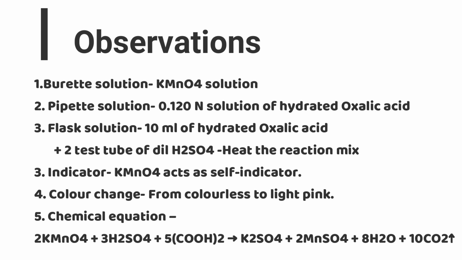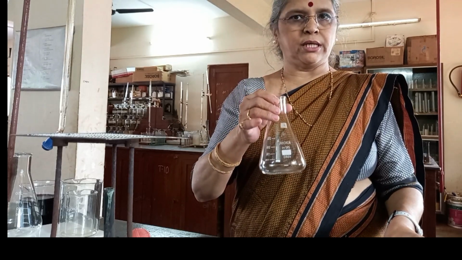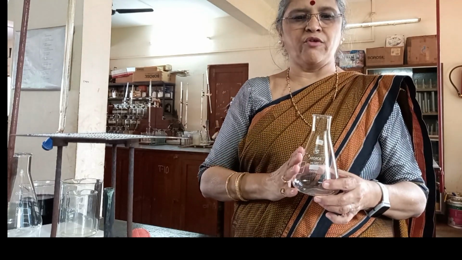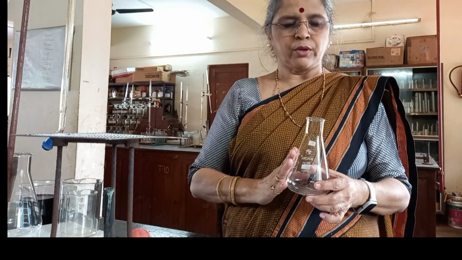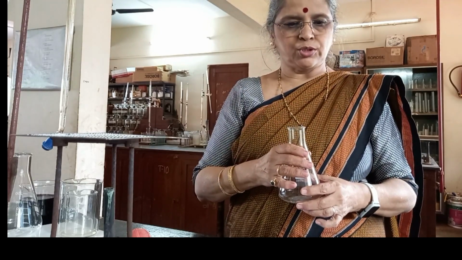Pipette solution is the other solution, that is oxalic acid solution. Then from the pipette you transfer the solution into the conical flask. This is the conical flask. So when you transfer the solution into the conical flask, that is 10 ml of oxalic acid, add a test tube of dilute H2SO4. Okay, and then heat the reaction mixture and then titrate it against the KMnO4 solution.